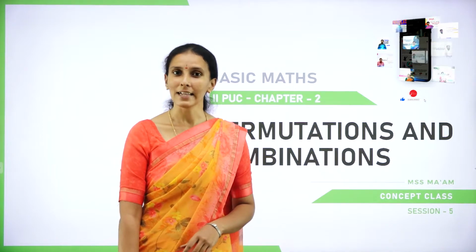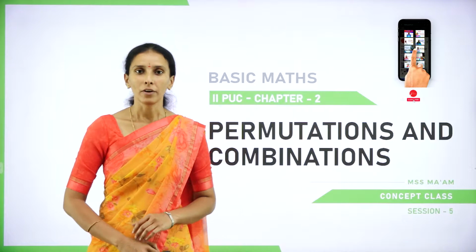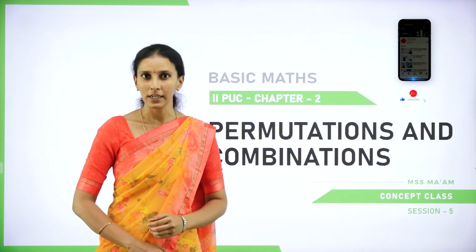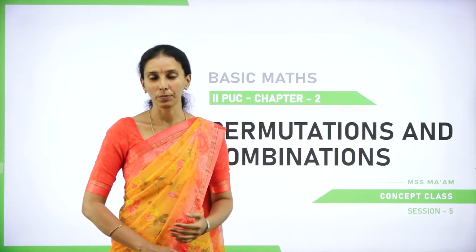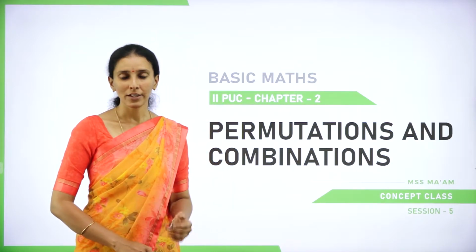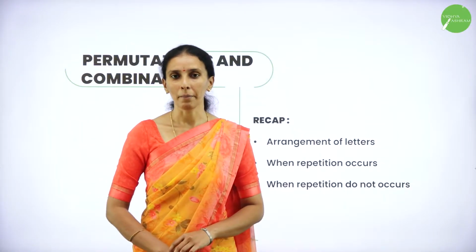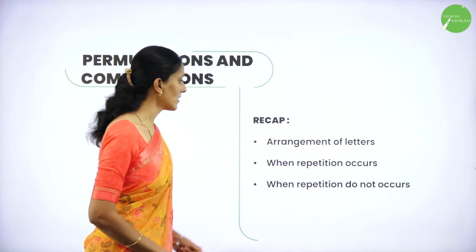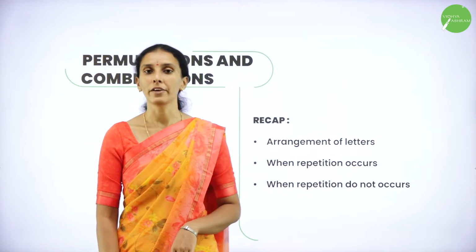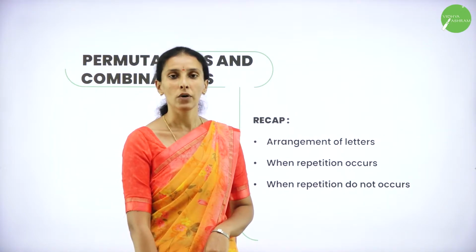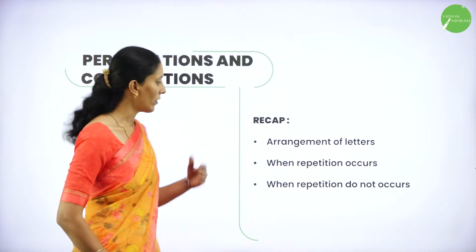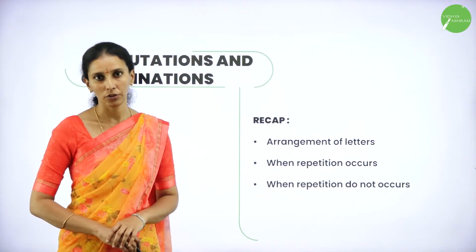So in the last class, we learned in detail about permutations and also the arrangement of numbers, letters, as well as arrangement of books. In session 4, we learned about the arrangement of letters when repetition occurs and when repetition does not occur.